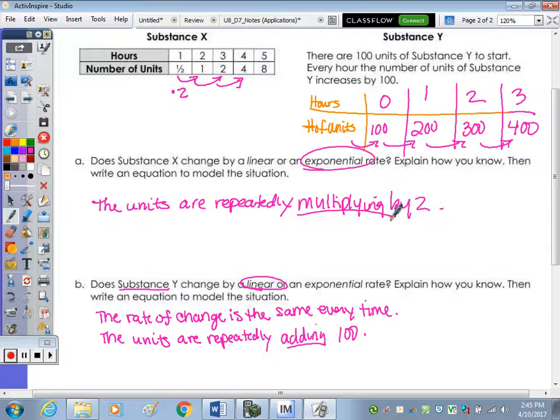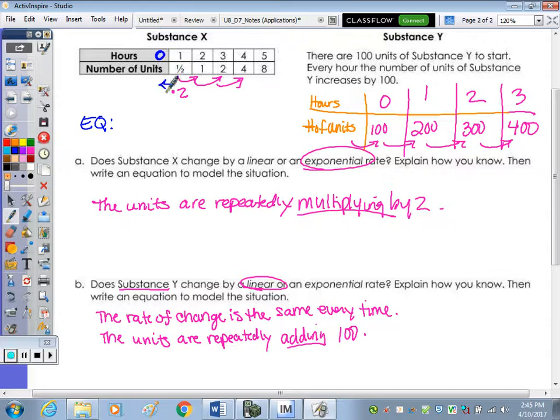Do you guys want to practice writing the equations? Okay, so if we practice writing the equations for this one, the exponential example, what's our starting value? The starting value is when we have 0 hours.